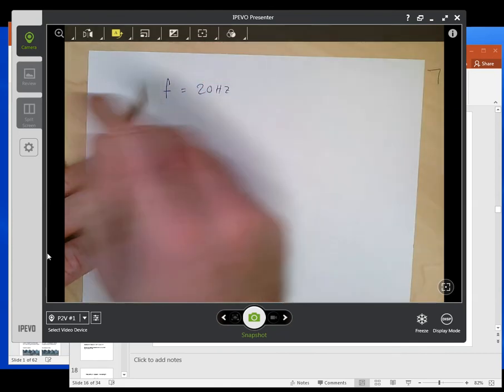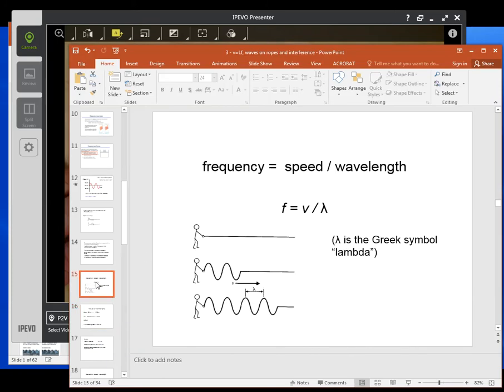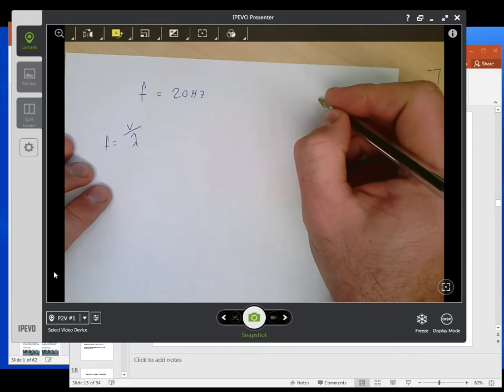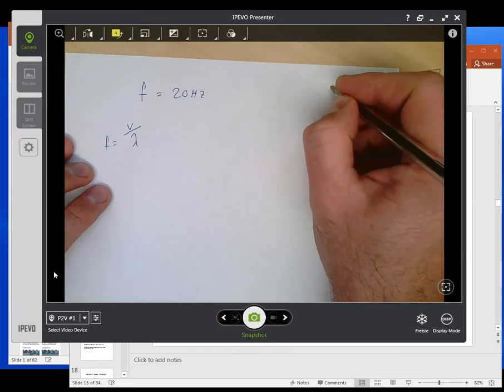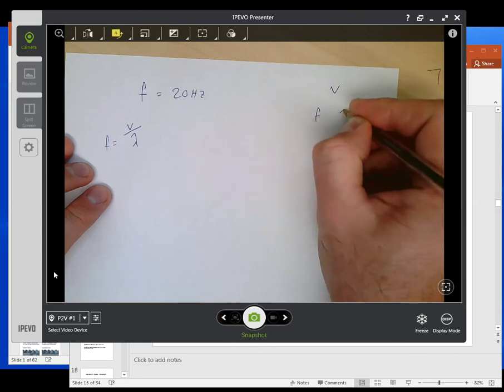Well, if we go back to our formula, we see that frequency is equal to V over lambda. I'll write that down here. And by the way, there's a triangle that we can actually write with respect to this. We can put V, F, and lambda in it.